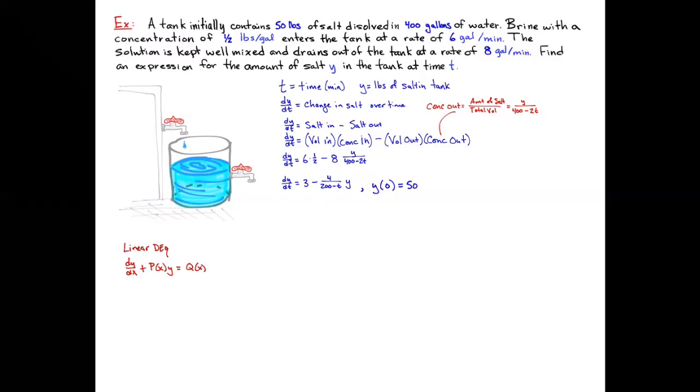And so I write this in that form: dy/dx plus 4 over 200 minus t y equals 3. And I remember, to solve a linear differential equation, I need to find the integrating factor.